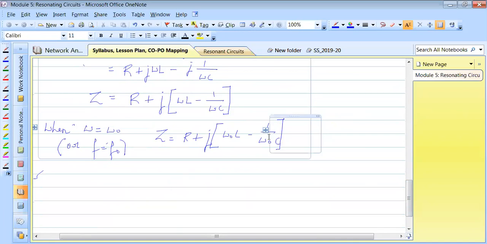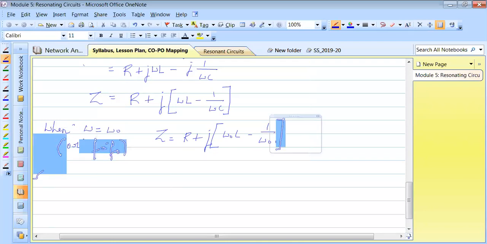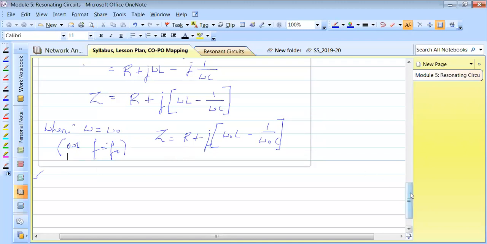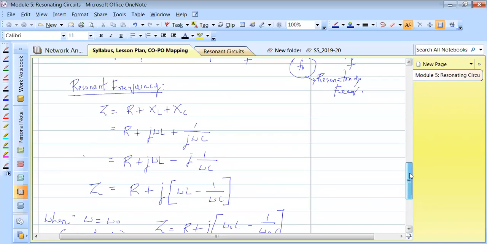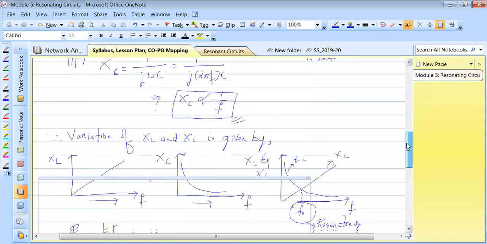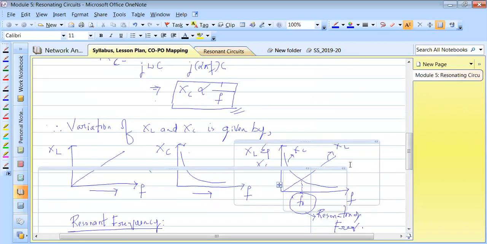You can start giving your attendance now. Just look at this. You should understand that when omega is omega naught, XL and XC are the same. They are equal here.